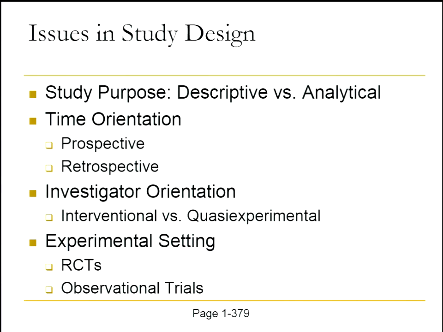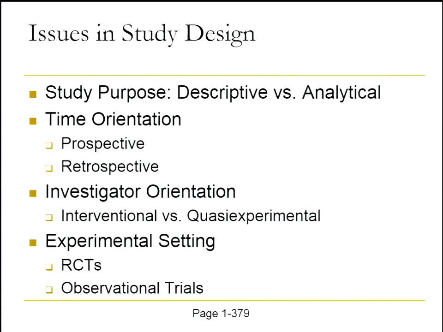What's the time orientation? Is it a prospective study in which we're looking ahead, or is it a retrospective study in which we're looking backwards? And I've listed these because there's a common misconception that, for example, case control study is the only type of retrospective study. Well, that's not the case. And we'll talk about some other examples of that.